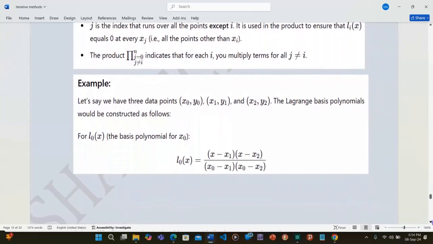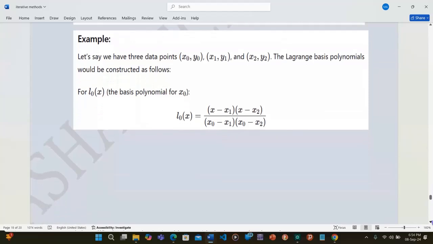If we have 3 data points like x0, y0, the basis for x0 would be (x minus x1) into (x minus x2), divided by (x0 minus x1) and (x0 minus x2). That is the Lagrange basis polynomial for x0.